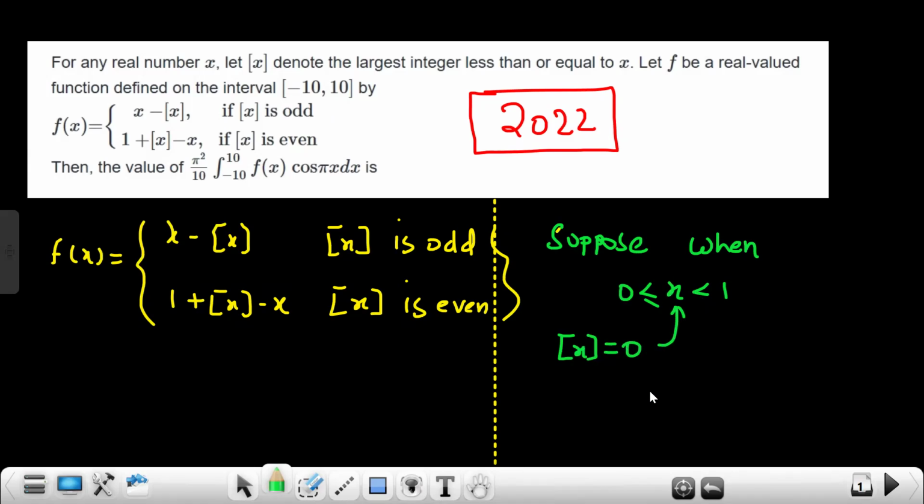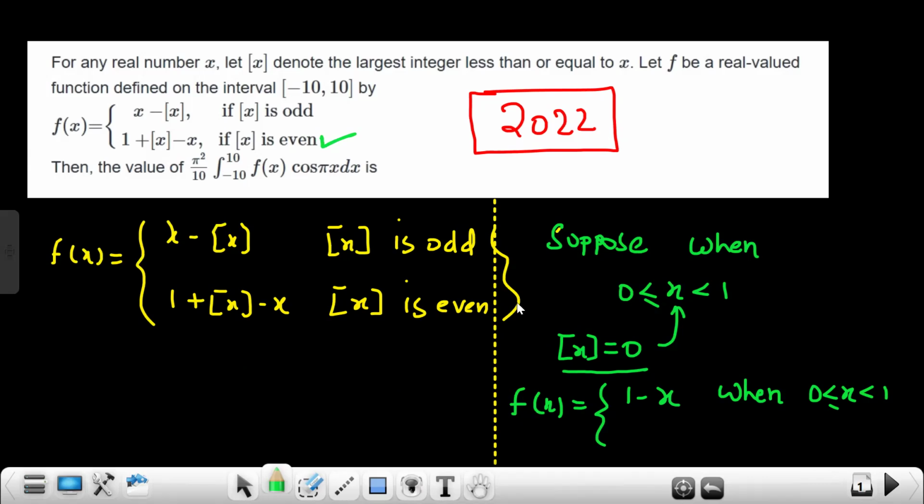If [x] is 0, which function will we take? This one. So what would be the f(x)? It would be 1 minus x when x lies in between 0 and 1.